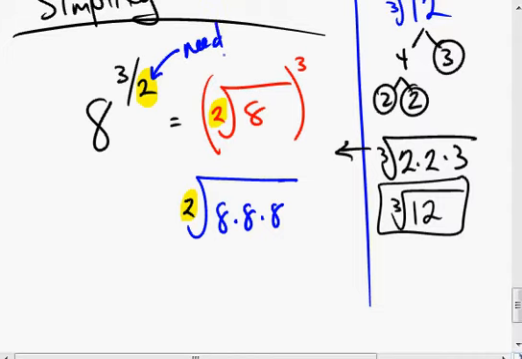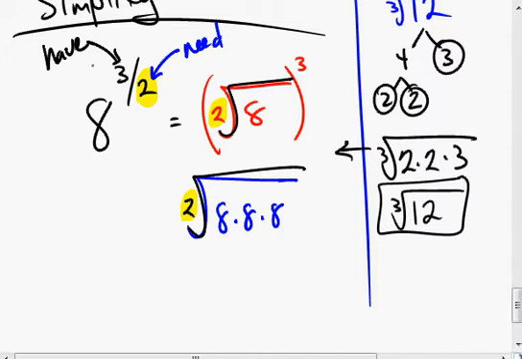It's like if this is a game, that's the rule. You need that in order to remove something from inside the radical. If there's some guy who says, I need to see 2, and you show him 2 of a kind, he'll let you take those out of the radical. So the bottom number is what you need for this game. The top number is what you have.